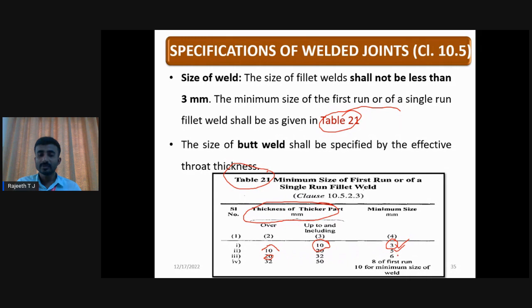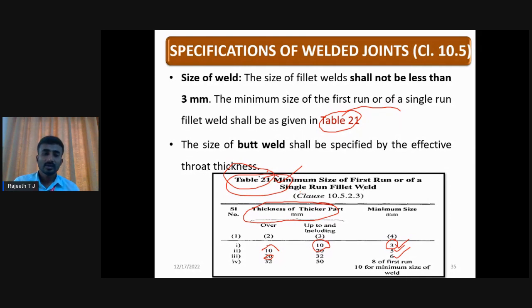For 20 to 32, you can go for 6 for the first run of weld. This table in the code book gives us the minimum size of weld we need to select for welding. This minimum size depends on the thickness of the thicker plate we are connecting.